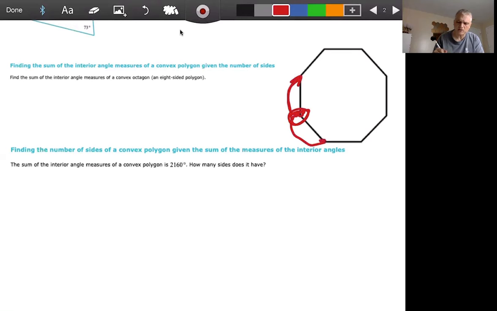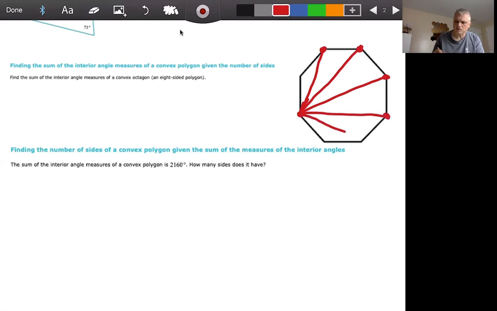It's also right next to this one, that's consecutive. So other than those 2 other vertices, I'm going to connect it to each and every other one. So I'm going to connect it to this one, this one, this one. Just drawing diagonals. This one, and this one. So we did not connect it to those 2.